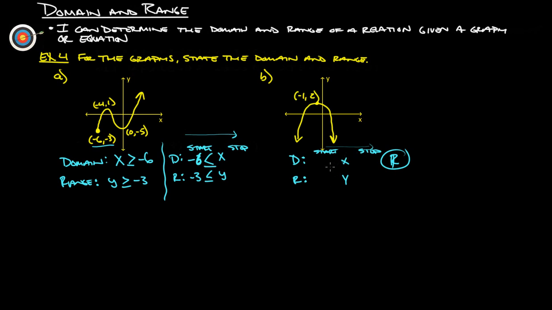We're starting from the negative going to the positive, same like we were starting over here, so it doesn't have any beginning, so we leave that blank. And what's the highest point that it'll ever get to? That's going to be at 2. So this will be y is less than or equal to 2. And there's our domain and range. Domain is the real numbers, range is y is less than or equal to 2.